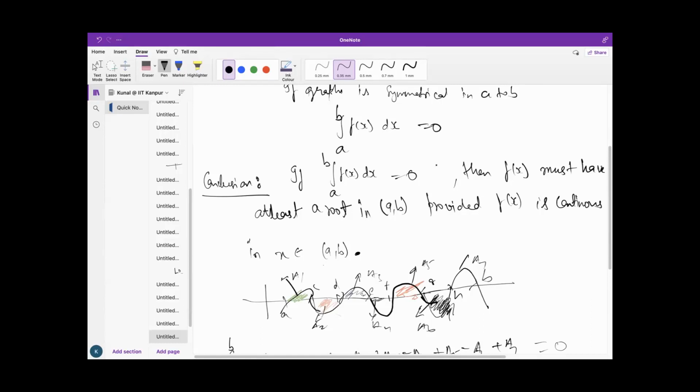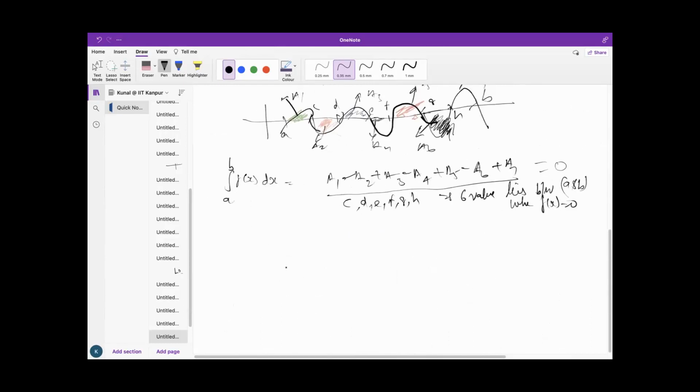So we can say that. Let us take the example of sin x here, the basic function. We always take sin x because its graph is simple. We can take different functions too. So let us take sin x from 0 to 2 pi.